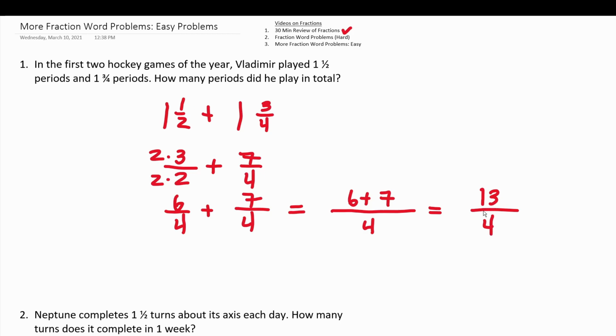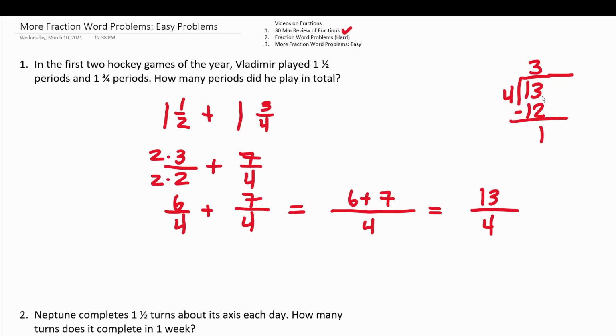All right, so if we wanted to convert this back to a mixed number, we would do some simple long division here. Notably, we would read this as 13 divided by 4. And we start by asking ourselves, how many times does 4 go into 1? It doesn't. How many times does 4 go into 13 without going over? Of course, that's 3 times, given that 4 times 3 is 12. 13 minus 12 is 1.